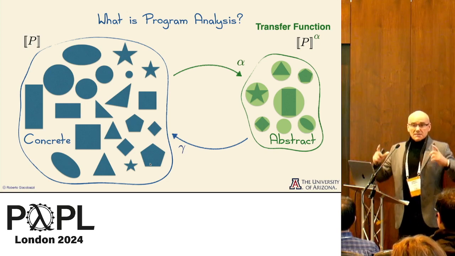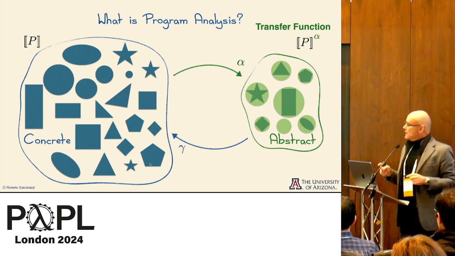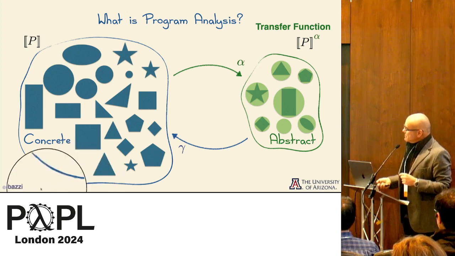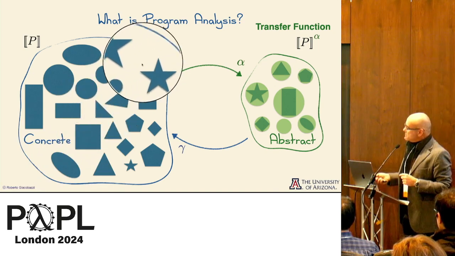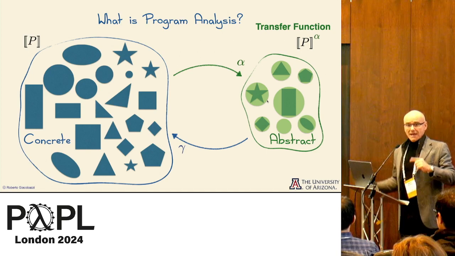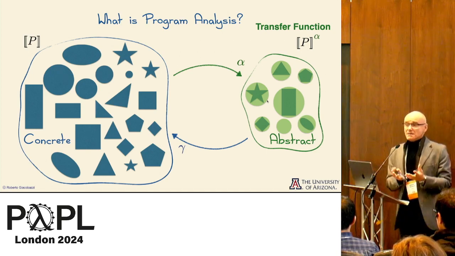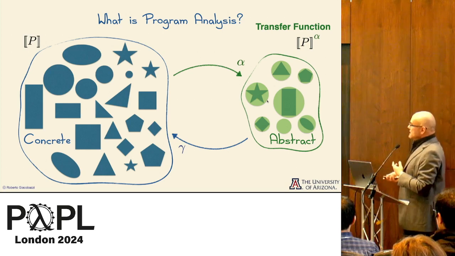In what sense? It's the closest circle around that shape. The concrete domain is the set of all possible shapes. The abstract domain is the set of only the circles that can be built around those concrete objects. It's way simpler. This is the abstract domain.